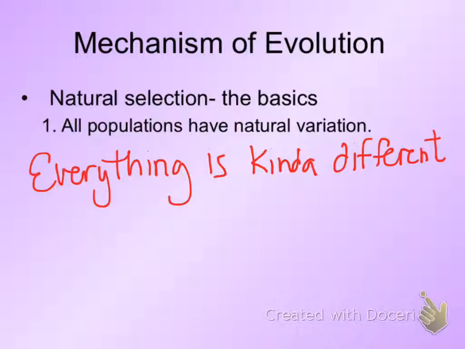Amoeba are little single-celled organisms. They're microscopic. They look like a little clear Ziploc bag of jelly, and they eat other things by wrapping themselves around them and absorbing them. Okay, so everything is kind of different would be a decent way to sum that up.